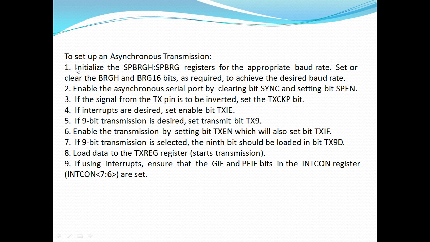After that, in the second step, we will enable the SYNC bit by writing 0 or 1 for asynchronous or synchronous mode of communication, and the SPEN serial port enable bit. With this bit and the SYNC bit, we can enable the serial port, as well as select synchronous or asynchronous mode in the second step.